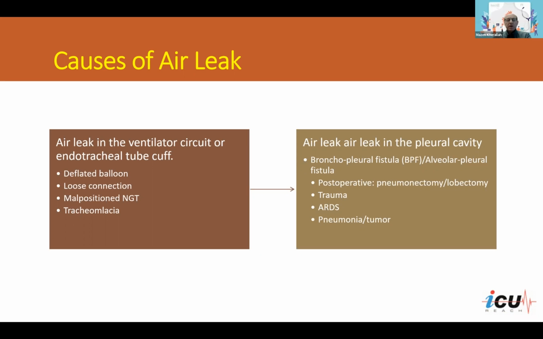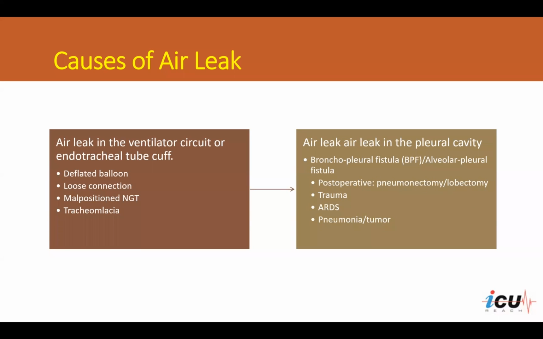That could be caused by a loose connection in the circuit, a deflated balloon, or, if you put in the NG tube and by mistake it was malpositioned in the trachea, it will actually cause some leak. At the same time, if your patient is intubated for a longer time, or has tracheomalacia to start with, the balloon that you have in the trachea tube or the tracheostomy may not be able to seal off everything, and then you end up with air leak.